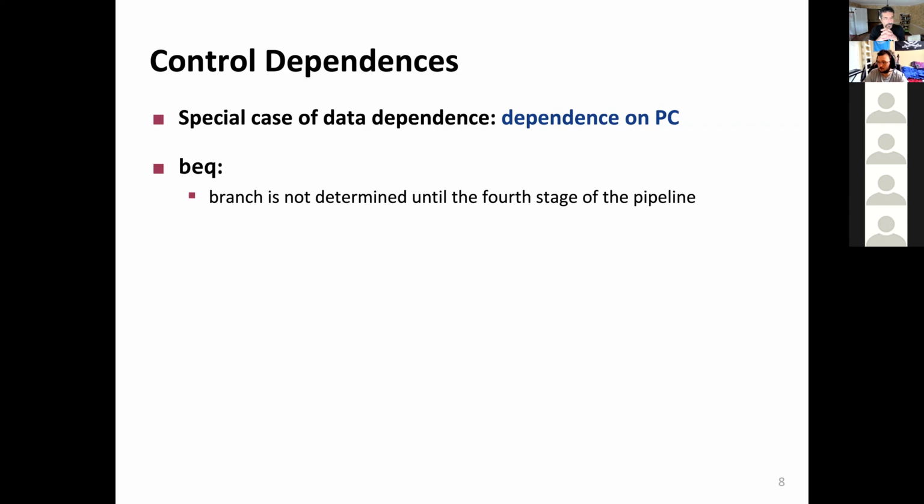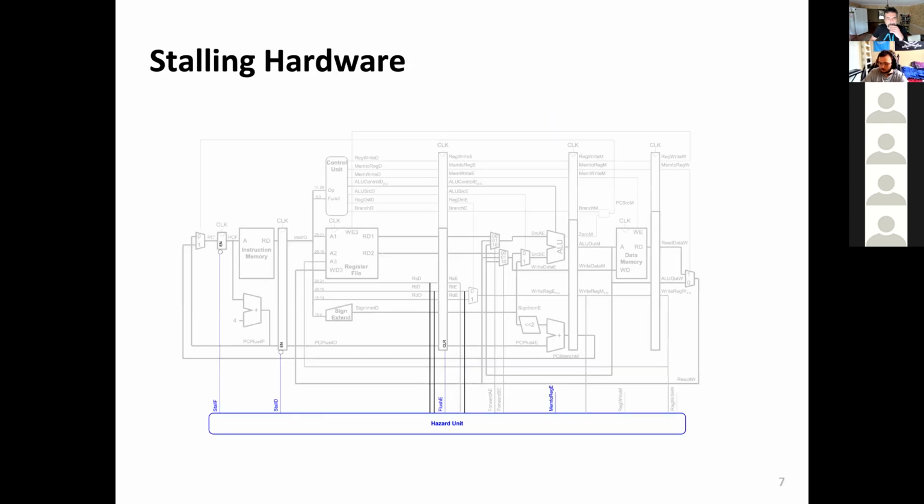Let's discuss this. In terms of BEQ, if you think about it, branch is not determined until the fourth stage of the pipeline. So for BEQ we need to first fetch it, and then we have decoding.